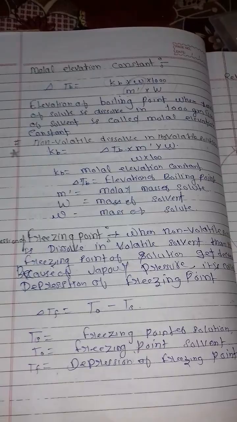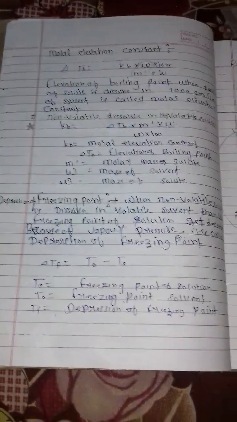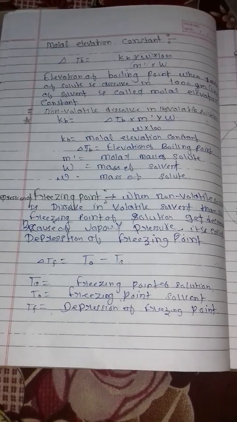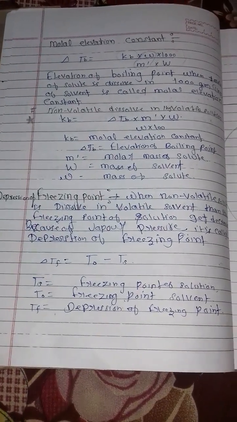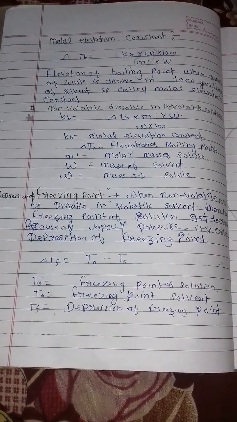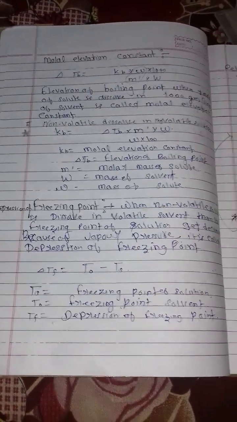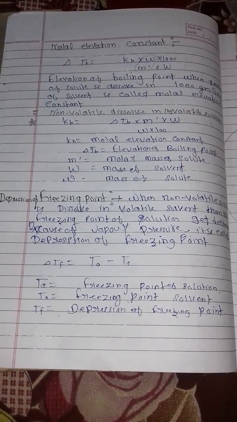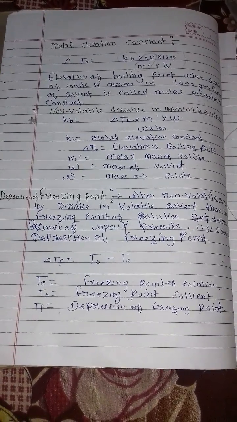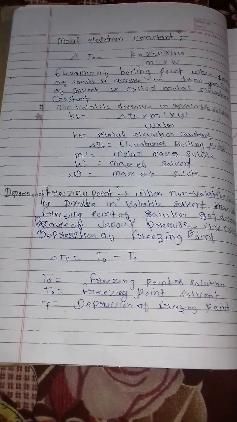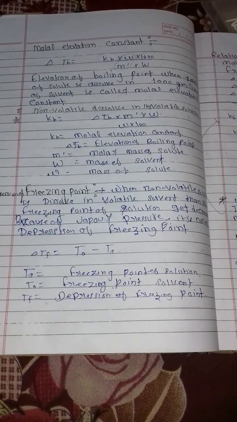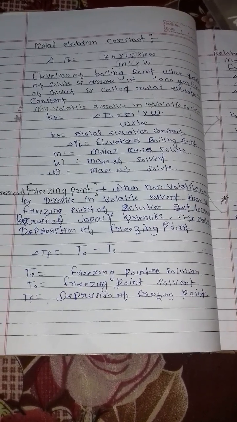Freezing point: when a non-volatile solute is dissolved in a volatile solvent, the freezing point of the solution gets decreased because of the lowering of vapor pressure. It is called depression of freezing point. Delta Tf is equal to T naught minus Ts, where T naught is the freezing point of the solvent, Ts is the freezing point of the solution, and delta Tf is the depression of the freezing point.